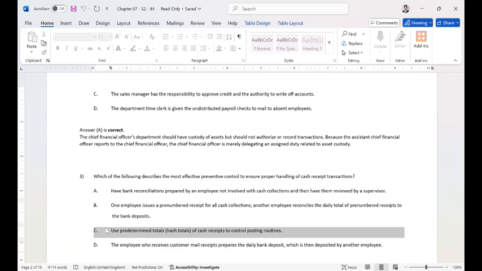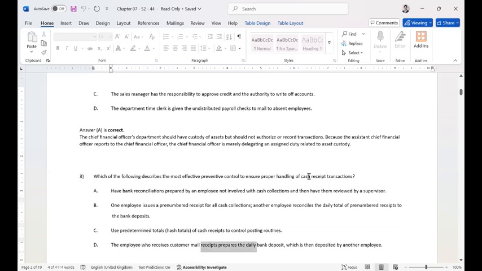The answer for this one. What is the answer? A is out. B or D. Receipt.